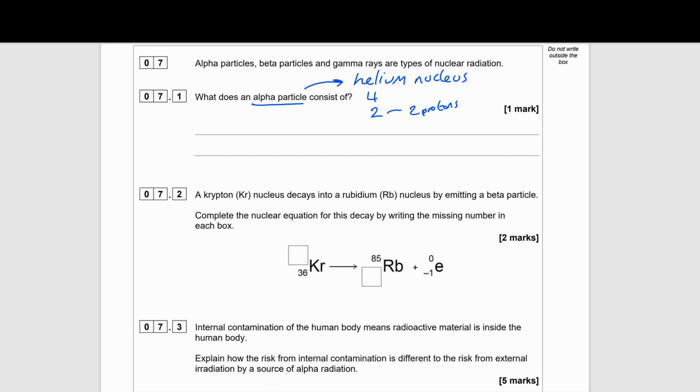But to find out how many neutrons it has, you would need to take that number 4 and subtract 2. So that tells us that it also has 2 neutrons. And that will be what our alpha particle is. It consists of 2 protons and 2 neutrons.